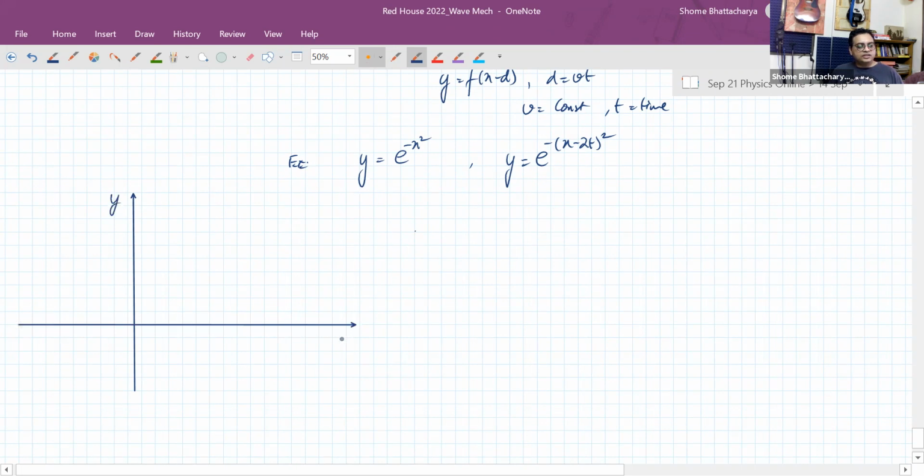So what will the graph of e raised power minus x square look like? You tell me the shape of this graph, what it should be like. Anyone?